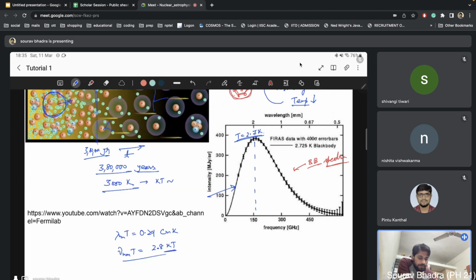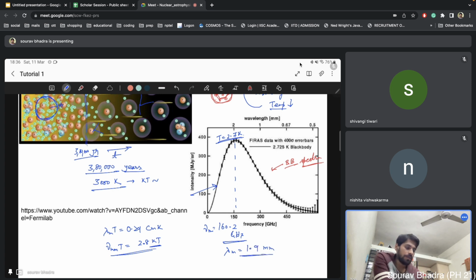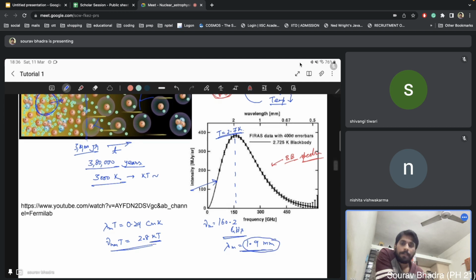So if you calculate from here, using Wien's law, you can see the peak, sorry, is at 160.2 gigahertz. You can see this is 150, and it is just beyond that 150 gigahertz, and the corresponding lambda, so this is nu max, and the corresponding lambda is 1.9 millimeter. So this 1.9 millimeter belongs to the microwave background.